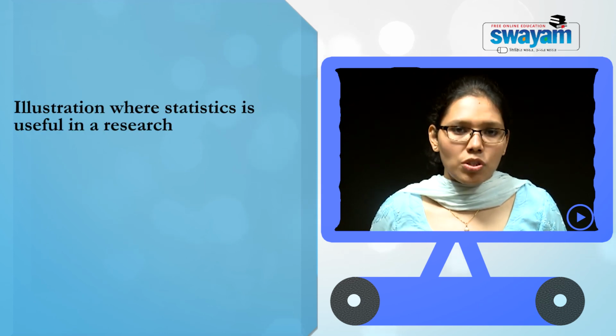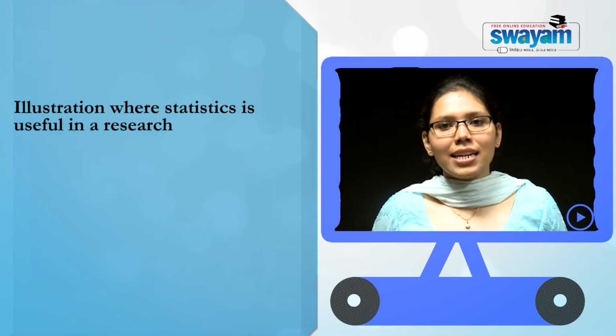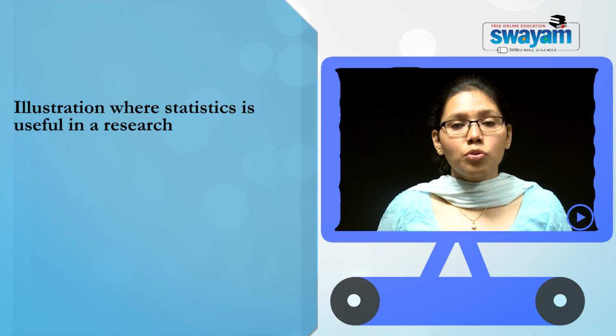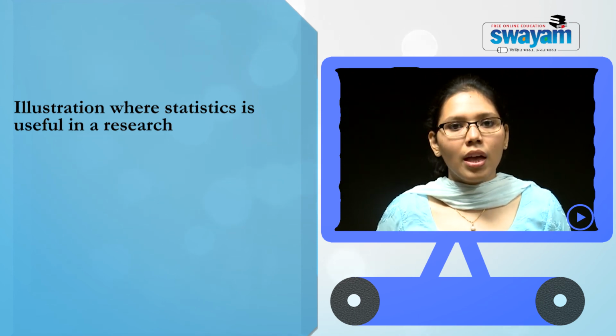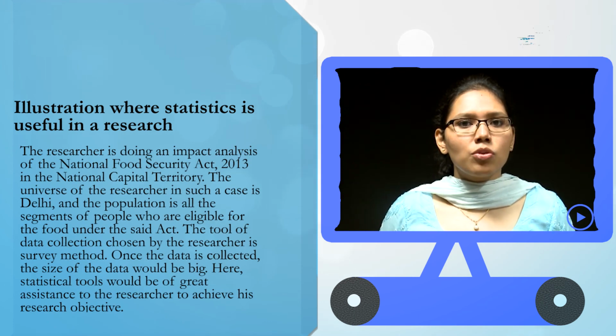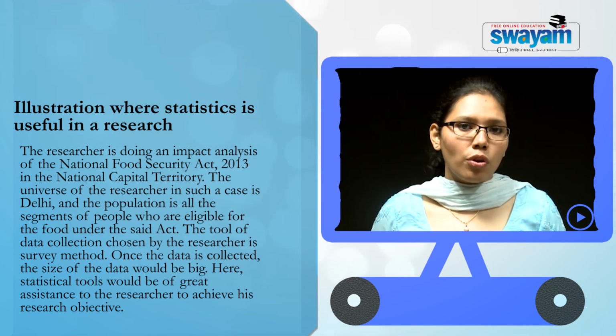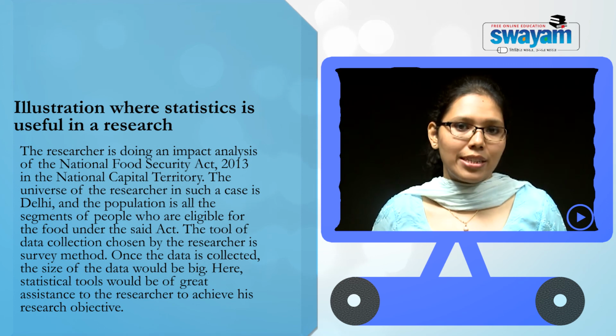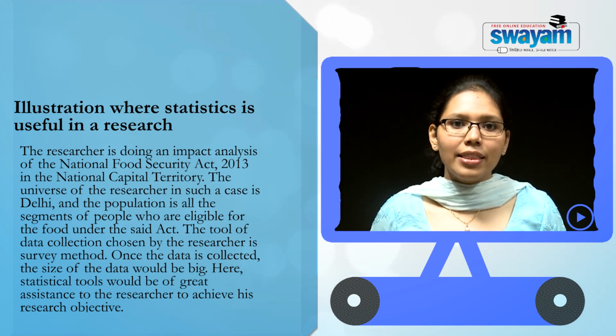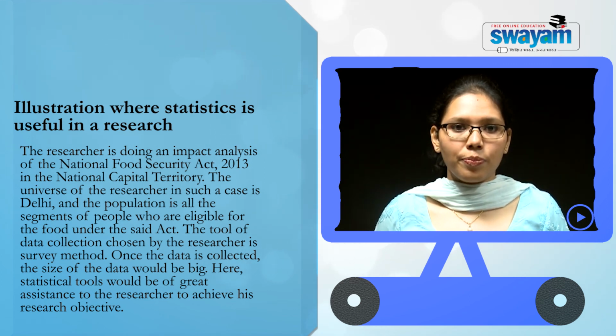Now coming to an illustration where statistics can be of use to a law researcher. The researcher, let's say, is doing an impact analysis of the National Food Security Act of 2013 in the National Capital Territory.